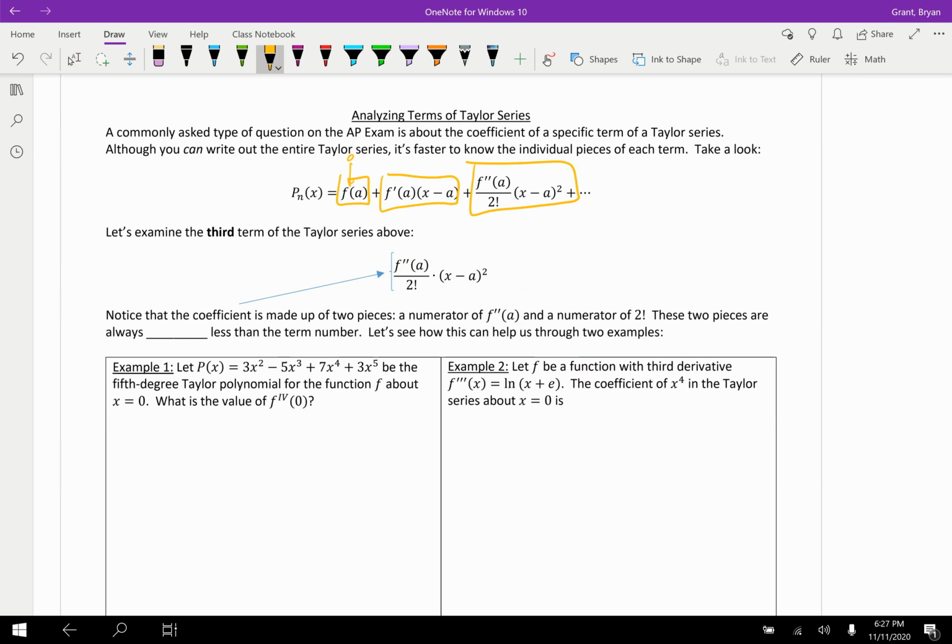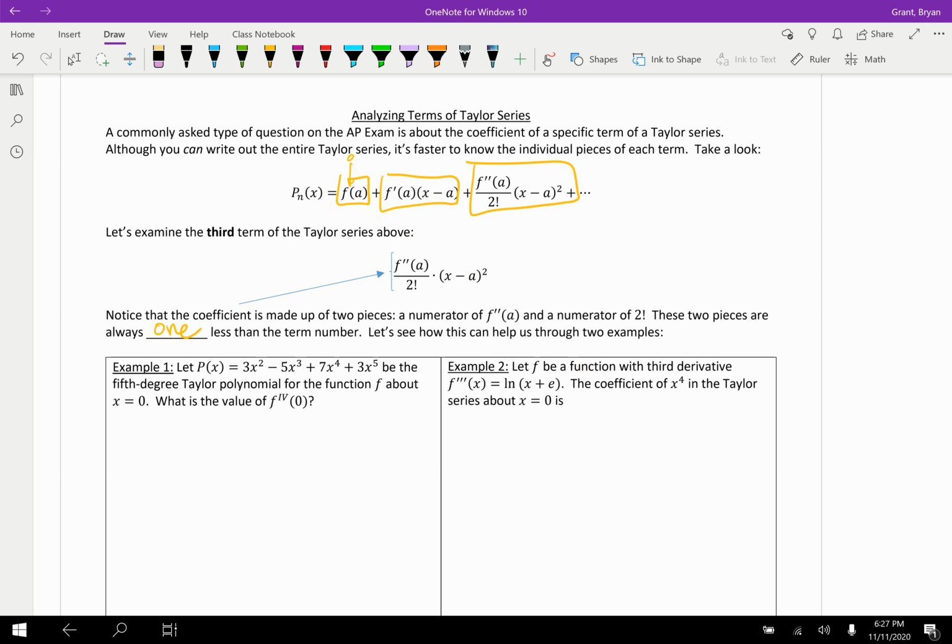So it shouldn't shock you that this third term is always going to be 1 less than the term number. If it's a term of 3, then we know that it's going to be a second degree term.